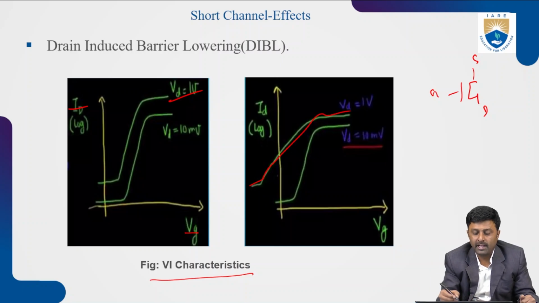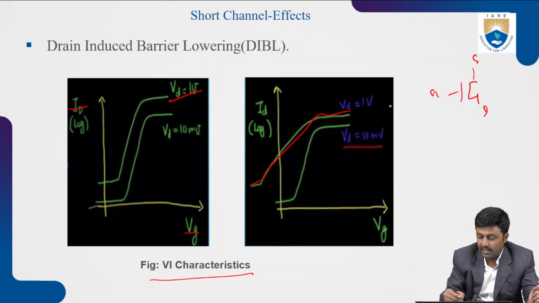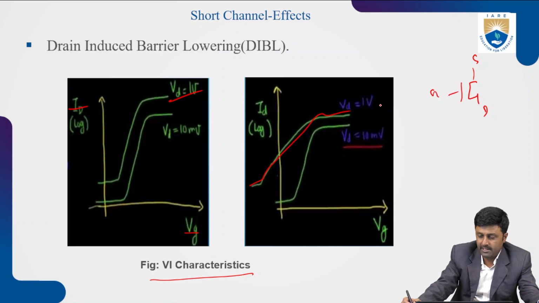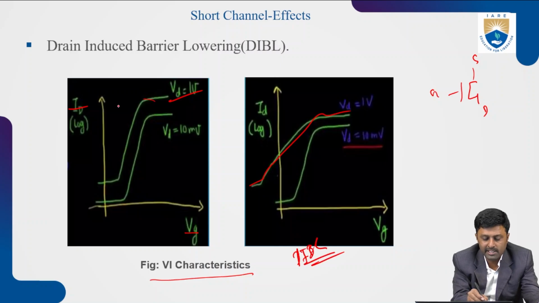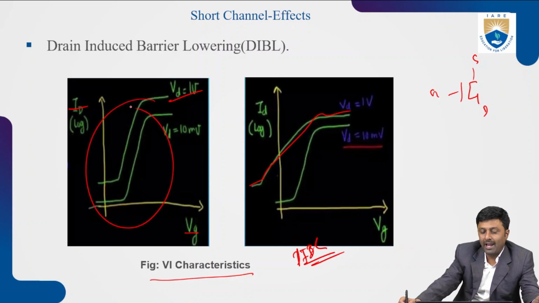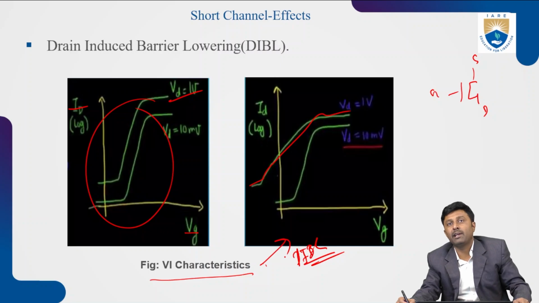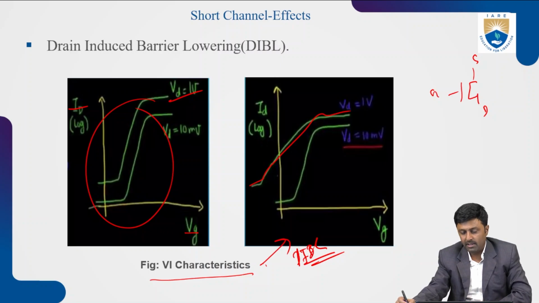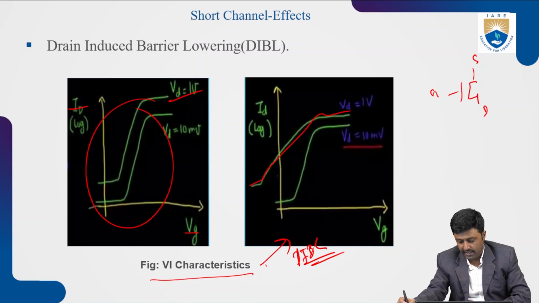With this, the gate loses the control, and there will be a variation in the current. So this is DIBL. The second diagram will show the DIBL. The first is for the normal ID versus VD characteristics of the MOSFET. But this is when DIBL, drain induced barrier lowering, occurs because of the flow of electrons or the holes from source to the drain.